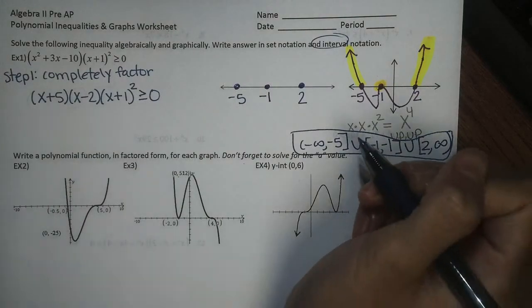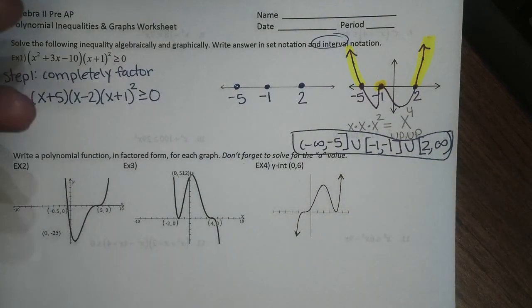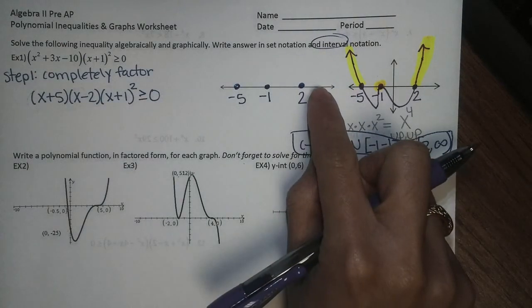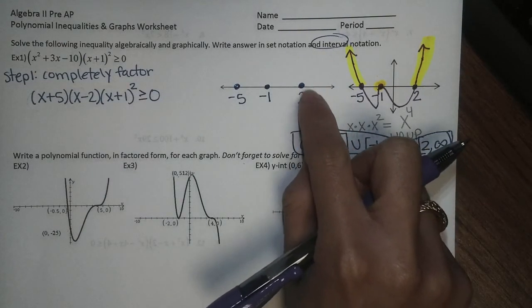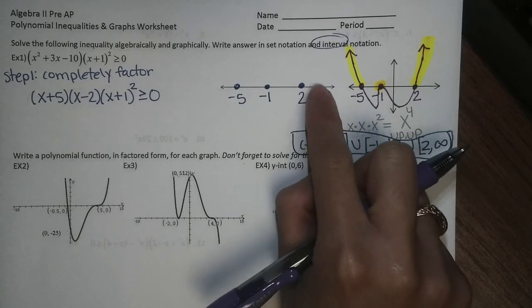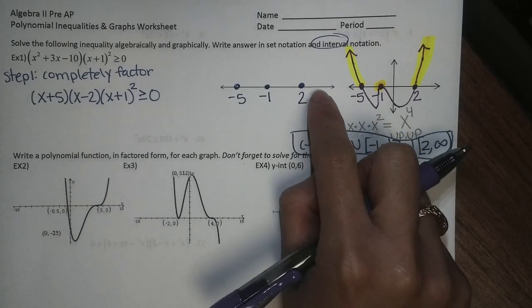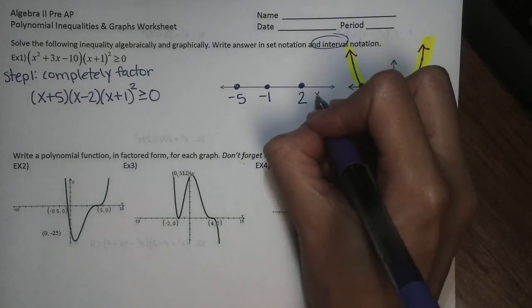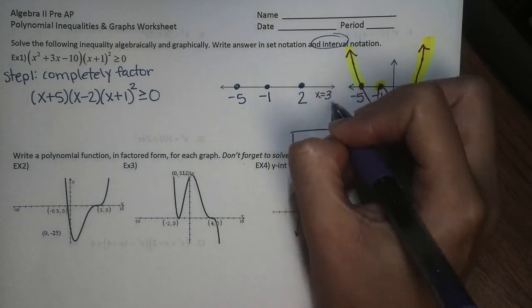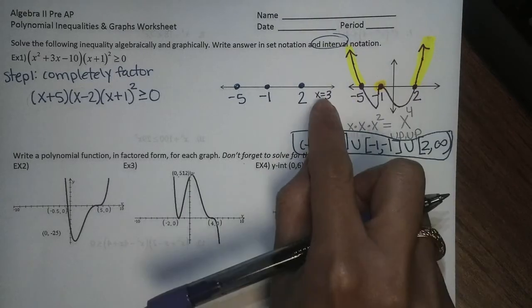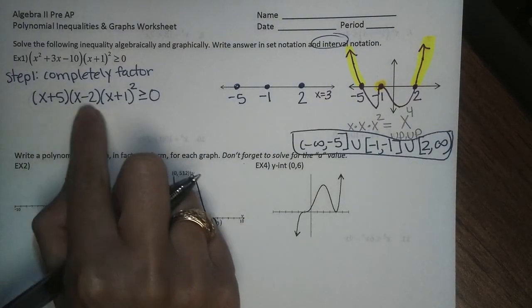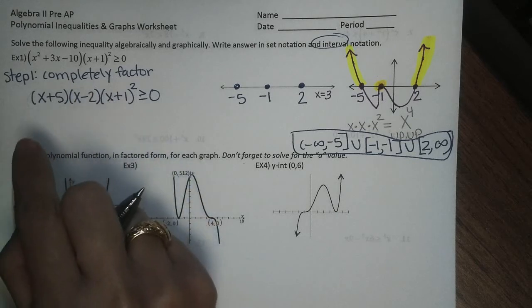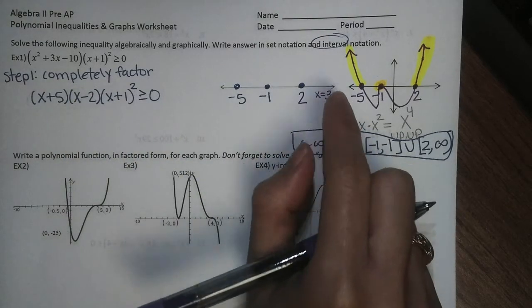Okay, so now here's what you do to solve this algebraically. You start by picking an x value that is greater than 2. So start here on the right side of the number line. Let's pretend we pick x equals 3. Let's plug in x equals 3 into the polynomial to determine if the polynomial is positive or negative at x equals 3.